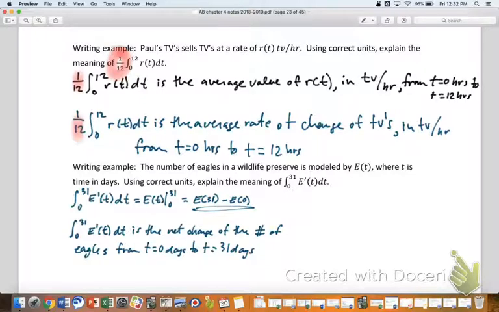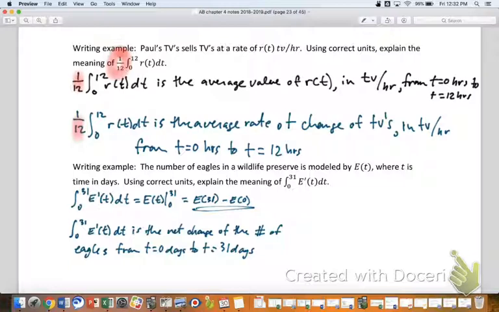Oh, so if they're conceptually the same, then what is the E prime? So it's all about how they're defined, right? In the first one it says, Pulse TV sells TVs at a rate of R of T. So it's defining R of T to be a rate. That's just how it was defined for us.